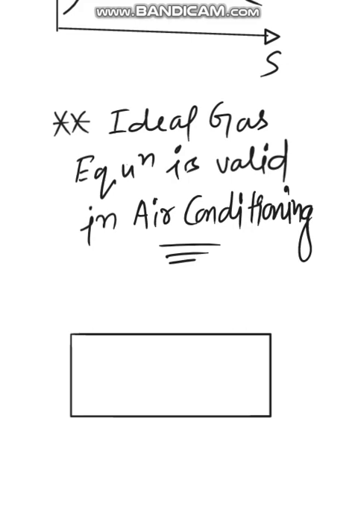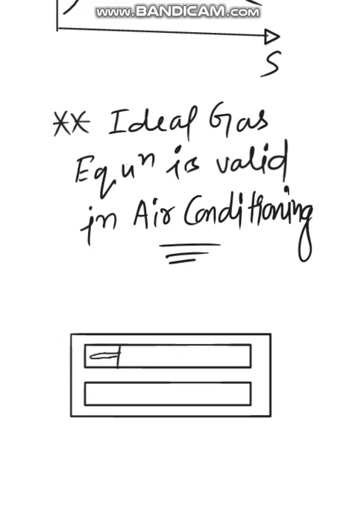Air also, friends, is nitrogen and oxygen, all at very high temperature, in a superheated state. All these gases are available in the one atmosphere around us. So temperature is very high and pressure is very low. Both conditions are achieved, so the ideal gas equation is valid in air conditioning.